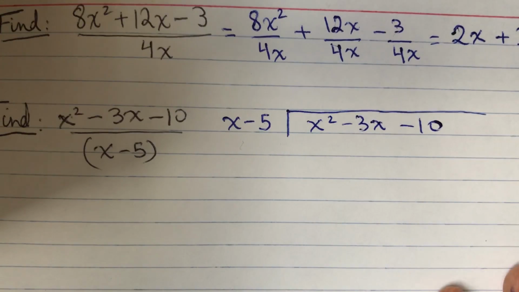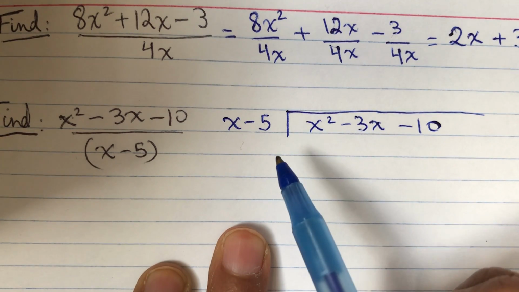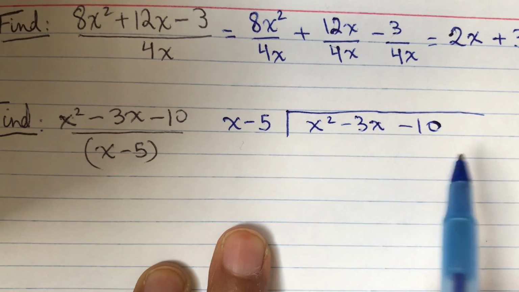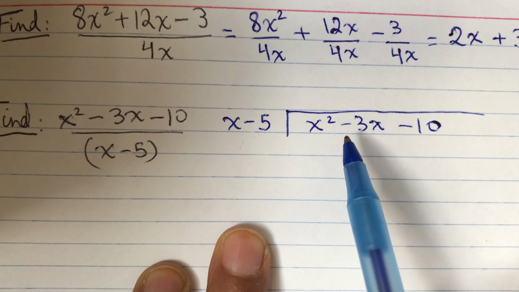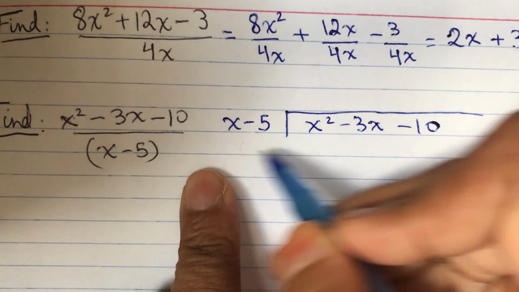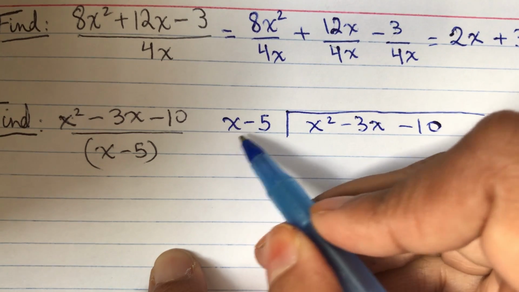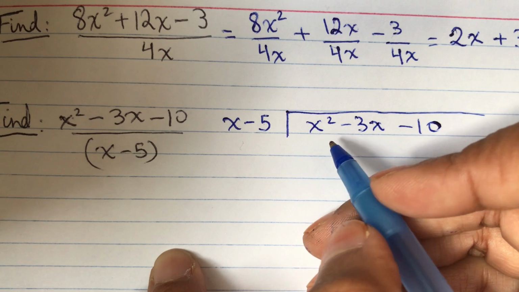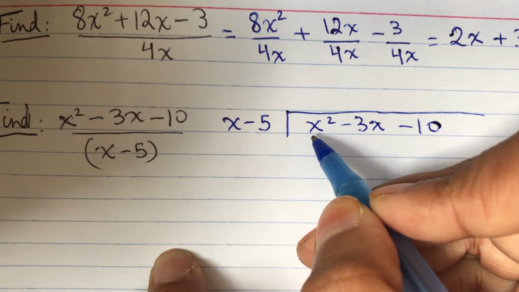Okay, so you set it up like this, broken rectangle or upside down L, whichever you want to call it, but this is how you set it up. Okay, this is my divisor, this is my dividend. Okay, next step is I'm going to take the first term from my divisor and look into the first term of my dividend and try to see how can I get the x squared here.